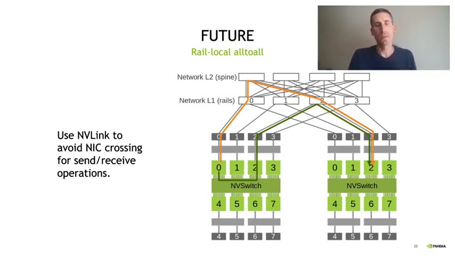So that all the communication would stay as local as possible to the lower level switches and not cross too many hops. And as I mentioned, for rings and trees, we tend to design our networks so that all the same NICs from all the nodes connect to a different switch.